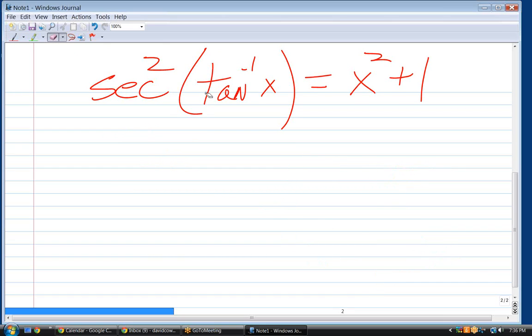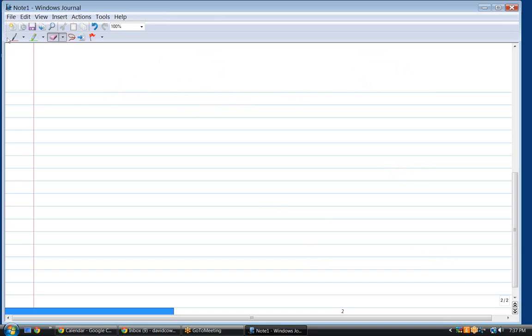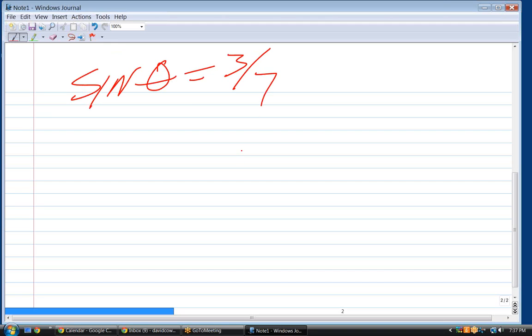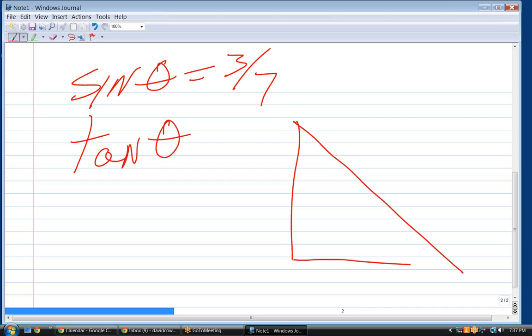These are fairly difficult. I don't run across this degree of difficulty that often. It's not really much different than saying if the sine of theta equals 3/7, what does the tangent of theta equal? We would draw our triangle and label theta. If the sine of theta is 3/7, that has to be 3, that has to be 7.